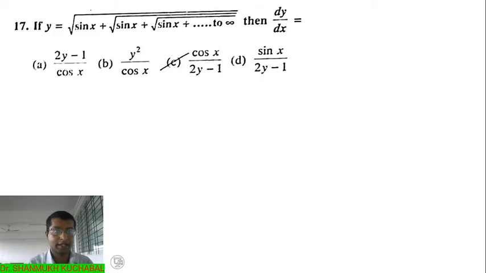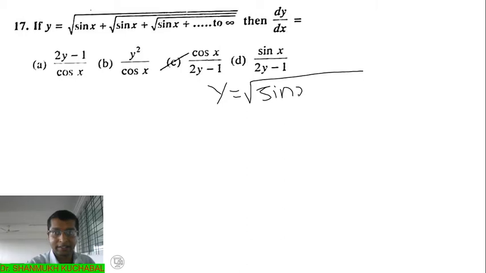So further, next example. Here it is given that y equal to the square root of sin x plus the square root of sin x up to infinitely many terms. Then we have to find dy by dx. So here we observe that root sin x plus root sin x is repeating, so we can replace this by y.